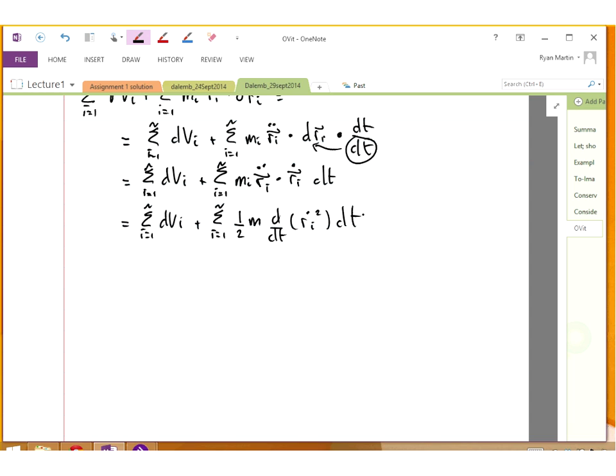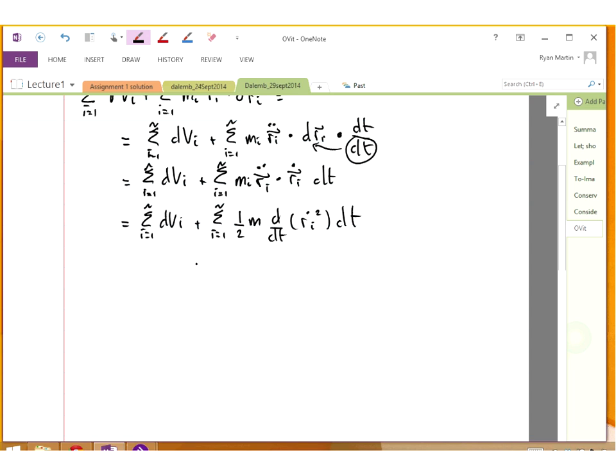Okay, that's similar to what we did last time. So if you expand that derivative out, you'll see that we get exactly what we had. And so now I'll cancel the dt's again. I'm done using them.